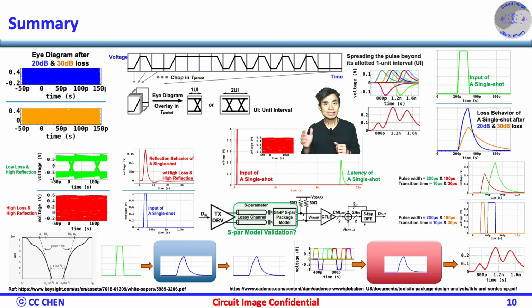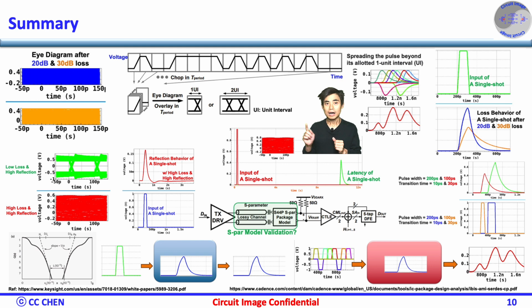Instead, the eye diagram will cross at 20 dB or 30 dB and cannot provide much difference or insights into ISI. But by understanding this ISI spread and discontinued reflection, engineers can design the link budget to improve the SI.